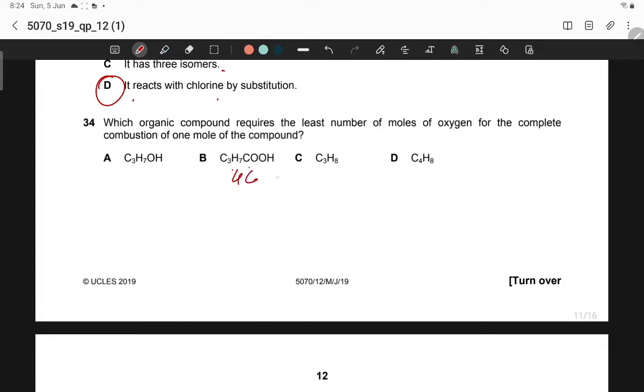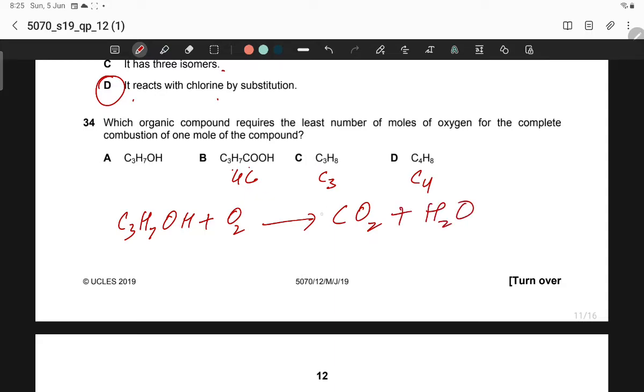C3H7OH, 3 and 4 carbon. C3H7OH plus oxygen forms carbon dioxide plus water: 3CO2, 4H2O. 4 oxygen, 3 to the 6, 6 and 4, 10.